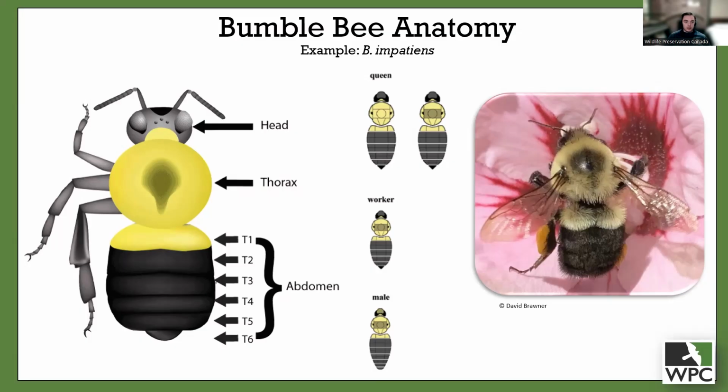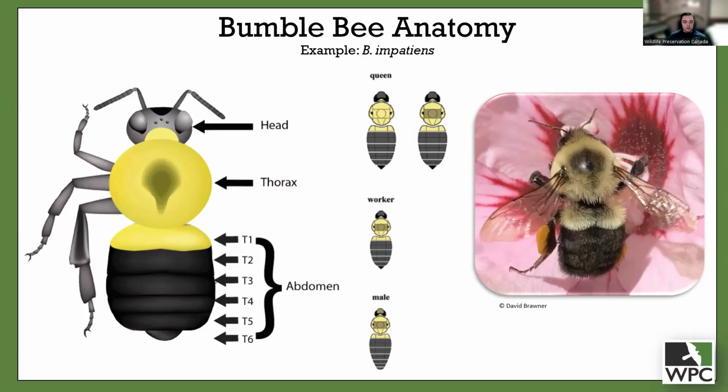I see yellow hairs all around the thorax, except for this little keyhole shaped pattern between the wings. And then I see the first abdominal segment is yellow, and all the abdominal segments after that are black. So with that in mind, I would identify this photograph as Bombus impatiens, the common eastern bumblebee, because of the similarities with the diagram that we see here.